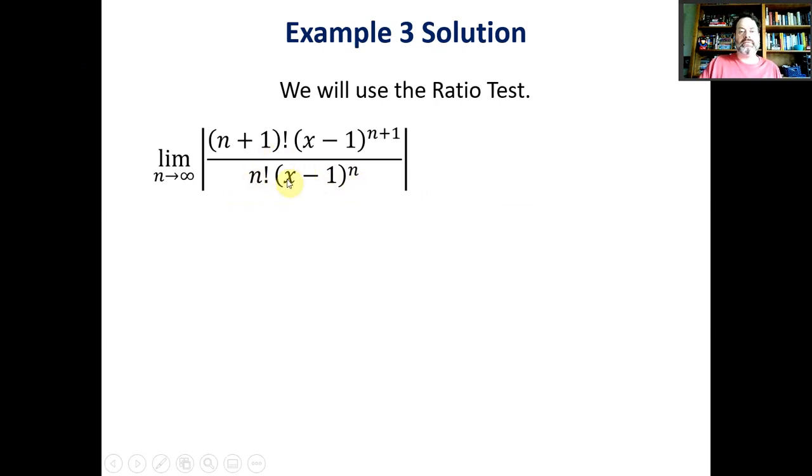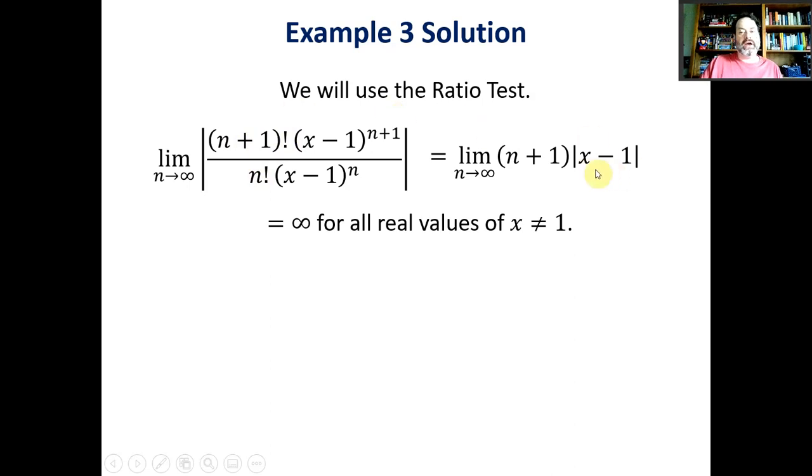There's an n in the denominator, and then an n plus 1 in the numerator. So you can see how everything simplifies, right? We have an extra one of these terms in the numerator, so it's going to cancel to this and stays in the absolute value. This thing here reduces just to n plus 1. I can pull it out of the absolute value.